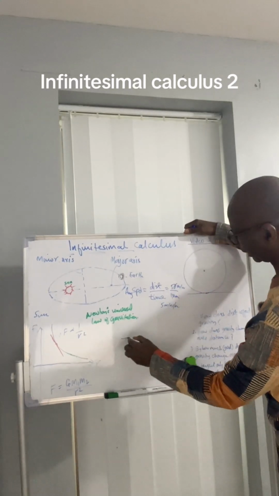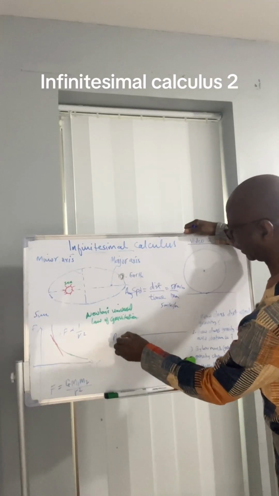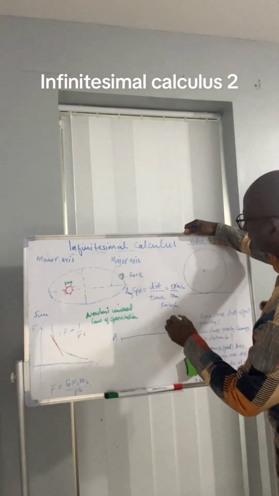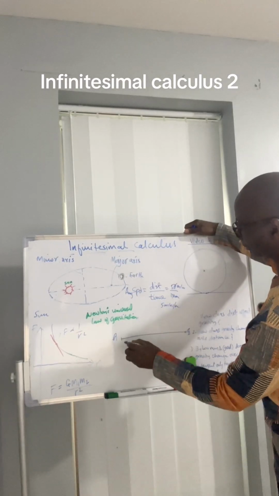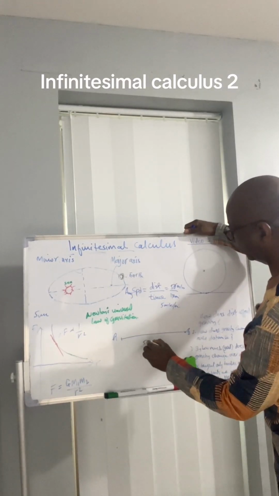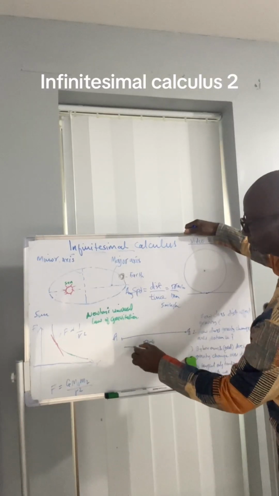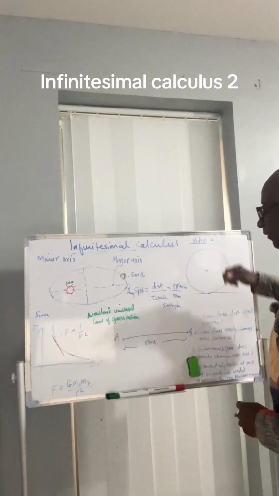This 5 miles per minute is telling us that you move from point A to point B, and this is your 50 miles. From this point to this point, it's 50 miles.